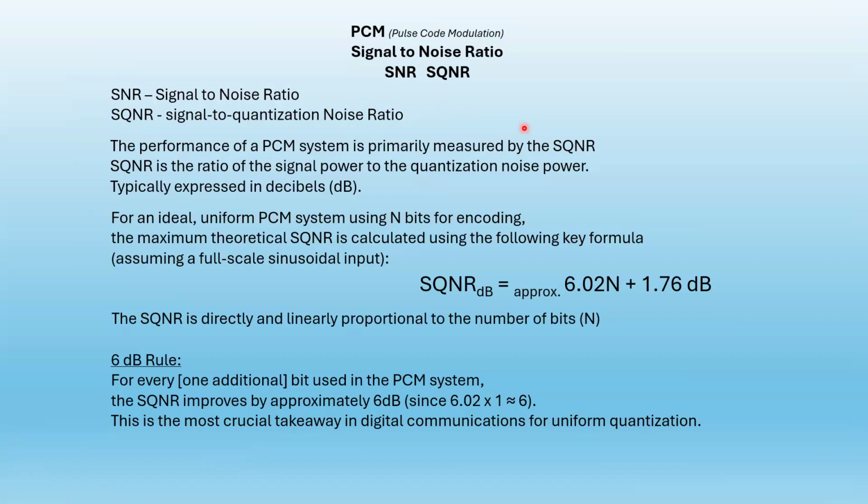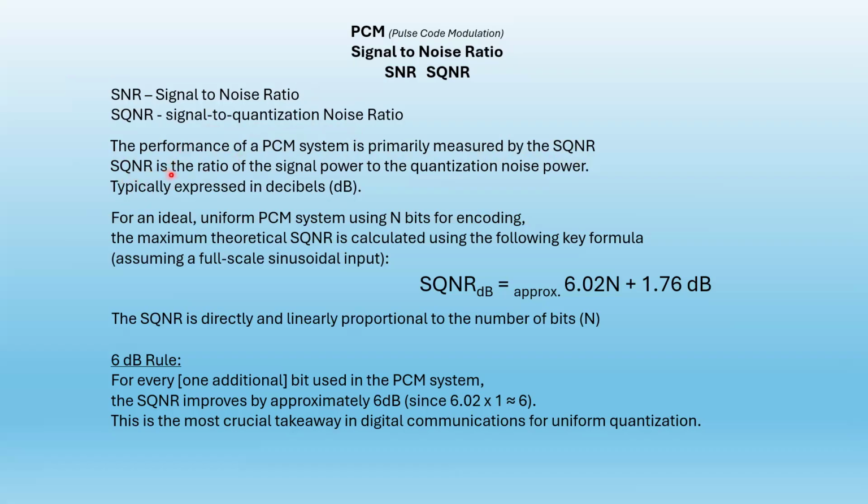It's about how much noise we're willing to accept. The performance of PCMs is primarily measured by SQNR, signal to quantization noise ratio. The performance of the PCM system is primarily measured by that type of signal to noise ratio.